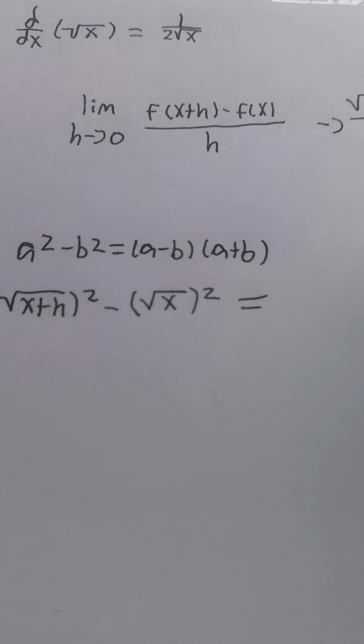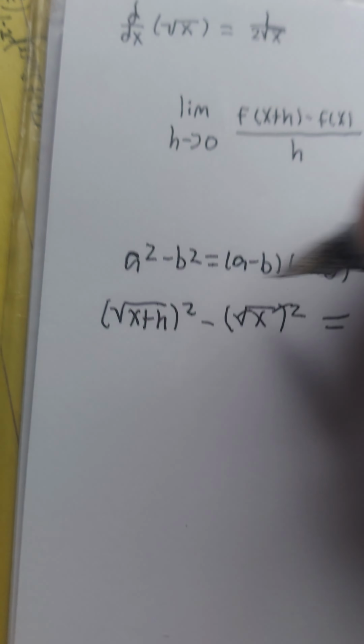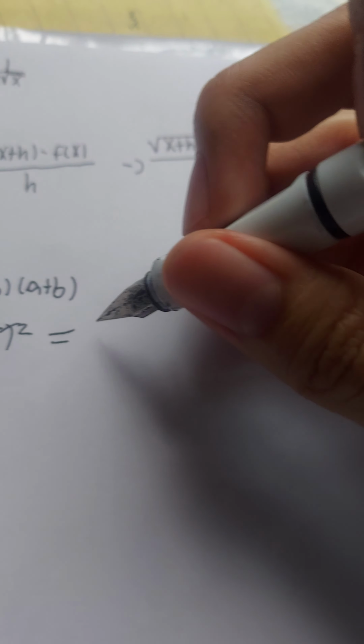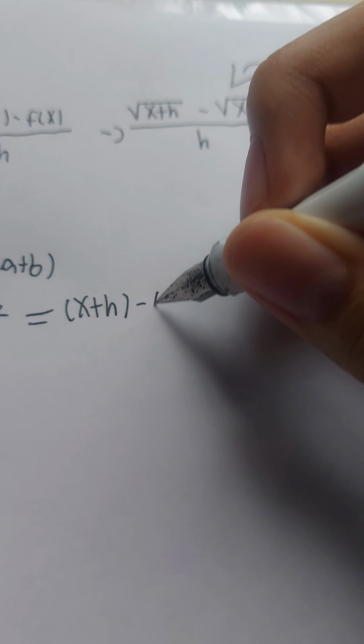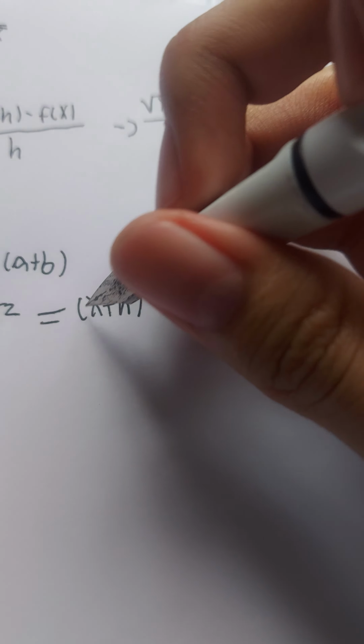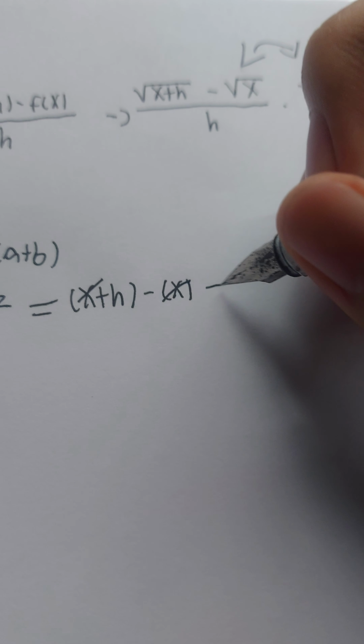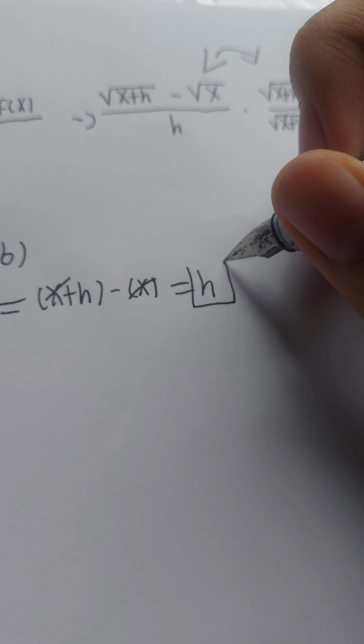Since the square roots and the squares cancel, this leaves us with x plus h minus x. So x cancels out, and this only leaves h.